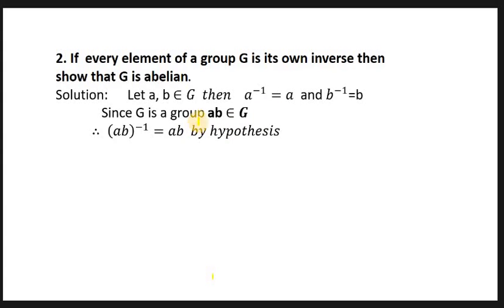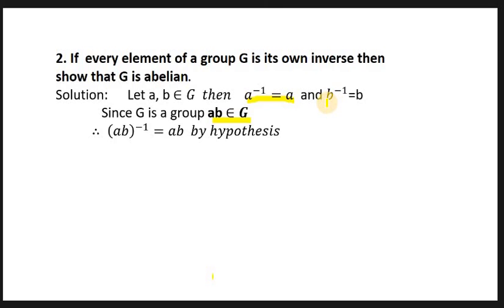Since G is a group, the closure property is satisfied, that is A, B belongs to G implies with respect to multiplication AB belongs to G. Now AB whole inverse by our hypothesis. What is our hypothesis?